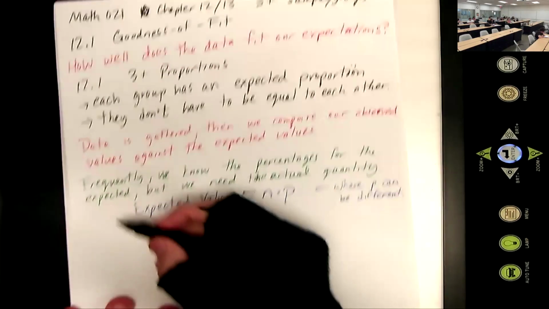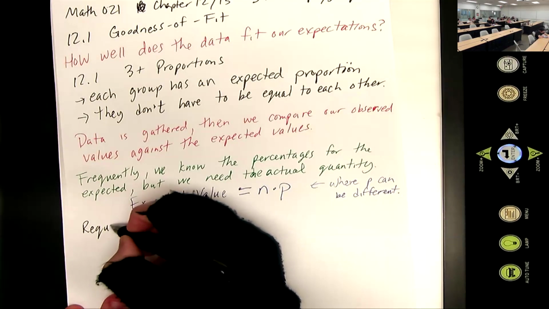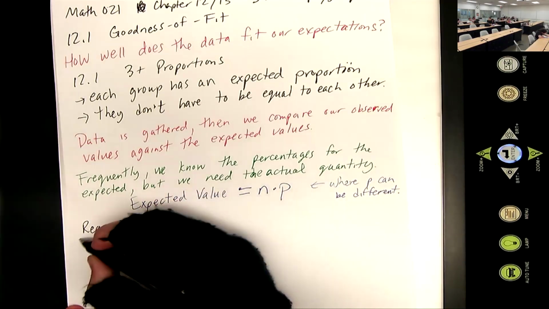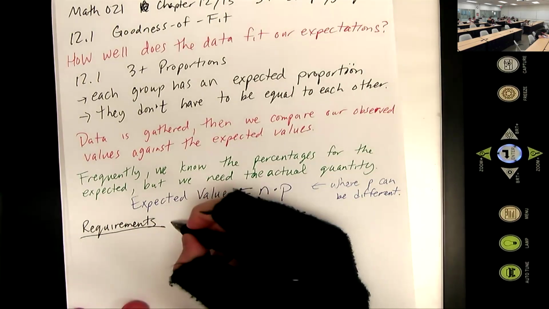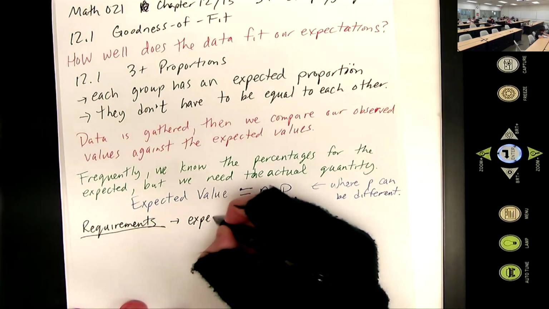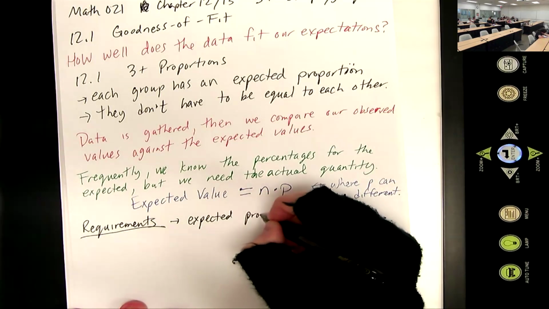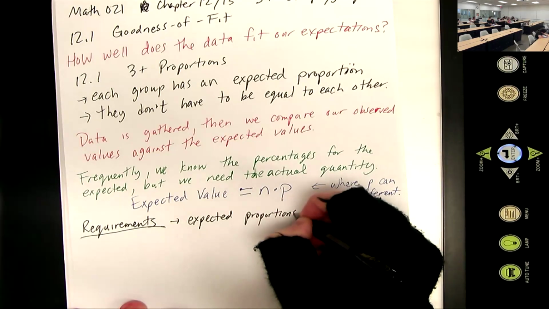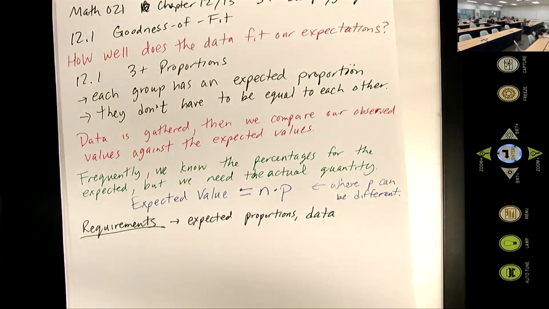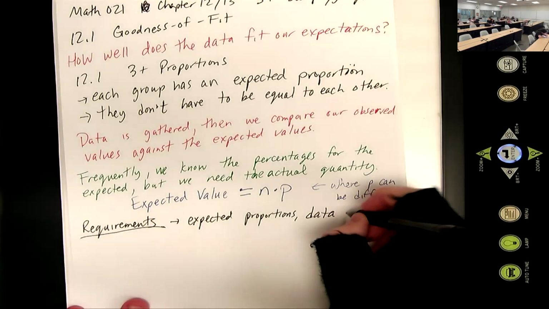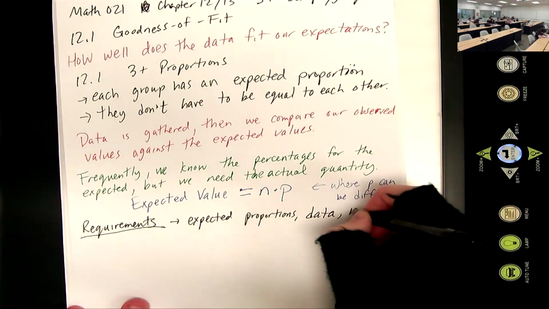So what requirements do we have? Well, we definitely need the expected proportions, and we need the data set, our observed set. And from our data set, we can get n, the sample size.